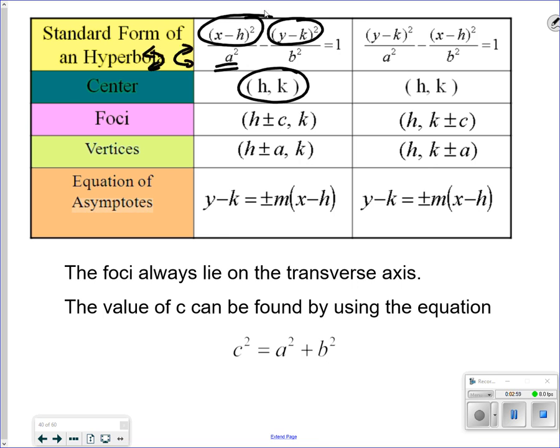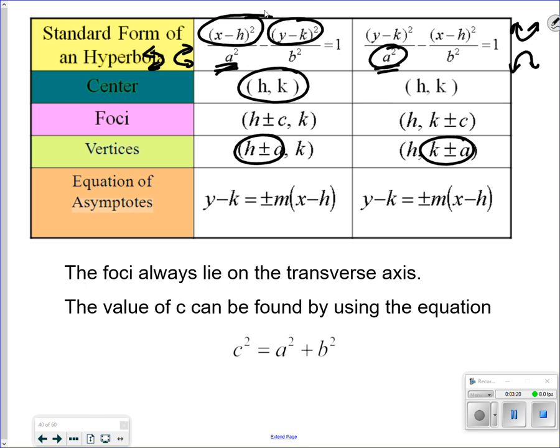If the y value comes first, now you're talking about a hyperbola that goes up and down. Notice that the vertices, you're adding with x on this hyperbola, and on this hyperbola you're adding with y. So you're always going to be looking at what comes first more so than what is bigger.